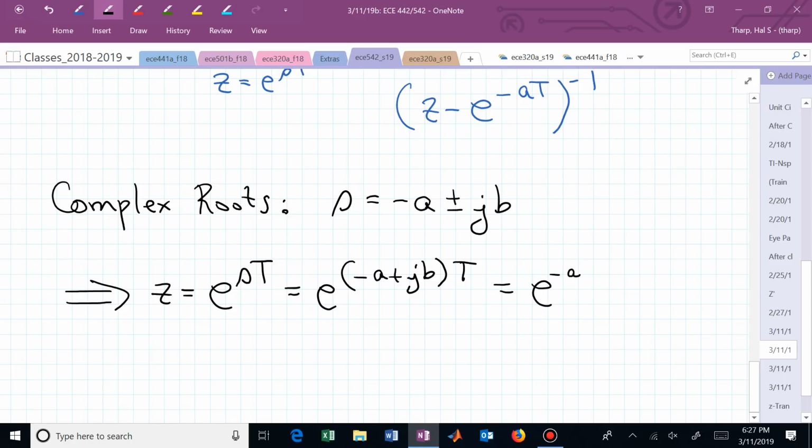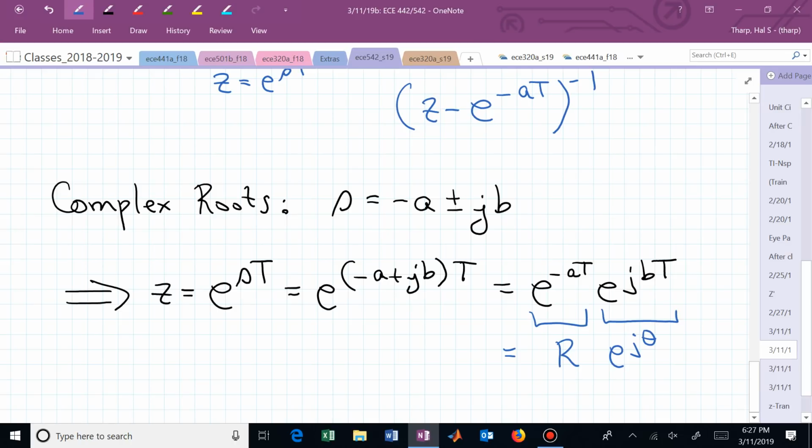We have e to the minus aT and e to the jbT. That we can think of as r, and this piece we could think of as e to the j theta, where that might be theta d.